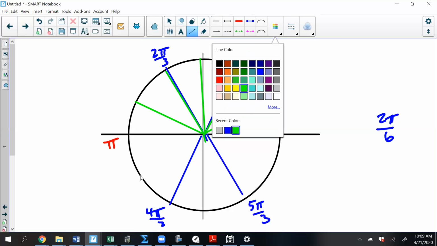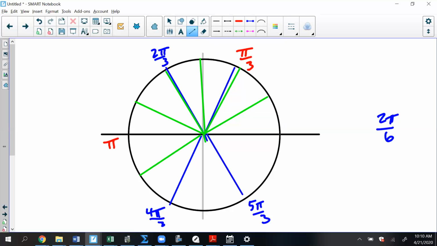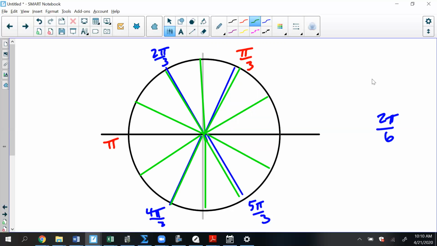We have 7, 8, 9, 10, 11, 12 equal pieces. So again, that would be like 2 pi into 12 equal pieces, or I took that pi and split it up into 6 equal pieces.